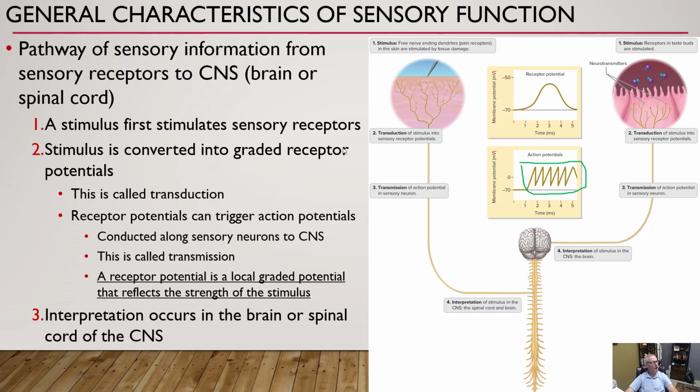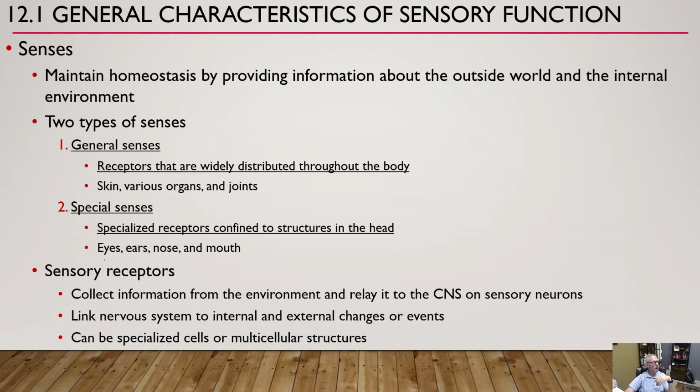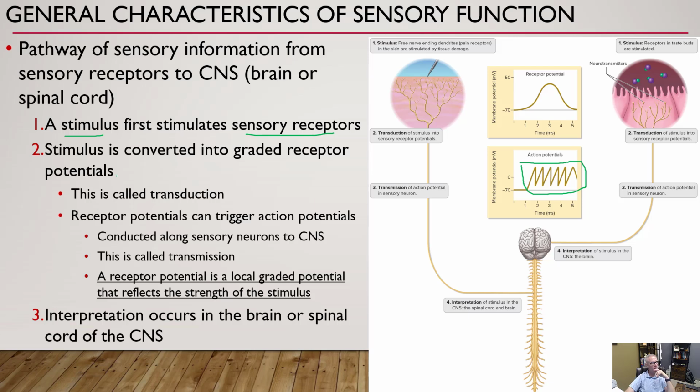So what happens is that we have this stimulus that is going to stimulate our sensory receptors. Remember, the sensory receptors are going to be more of our eyes, ears, nose, and mouth. And then that stimulus is converted into what's called a graded receptor potential, which is called transduction.